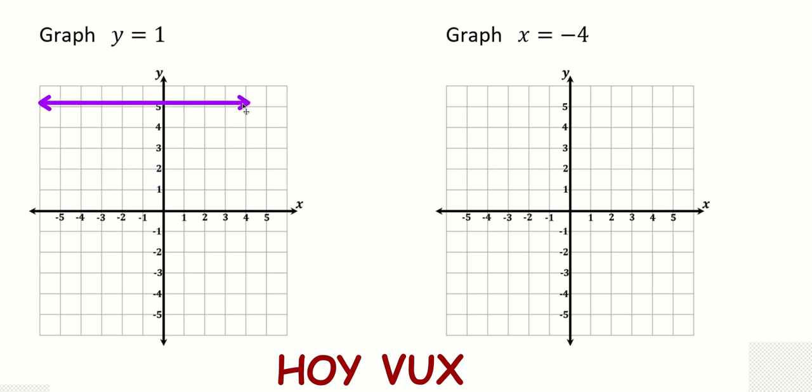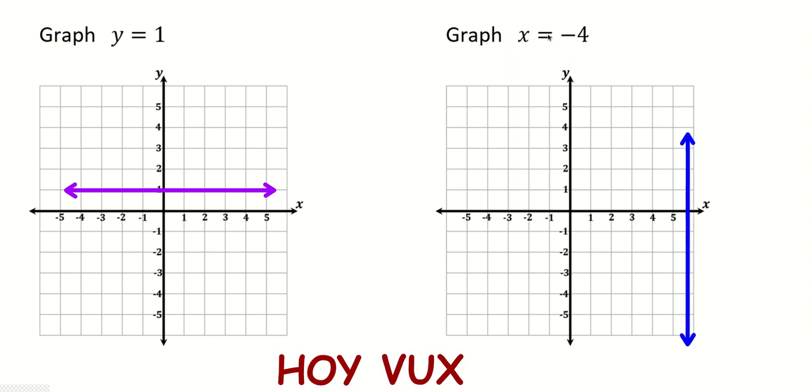This one's horizontal, so all you have to do is go to y equals 1 and draw your horizontal line. Conversely, V-U-X: if your equation only has x, like this one, then it's a vertical line. All you have to do is go to x equals -4 and draw your vertical line. That is it.